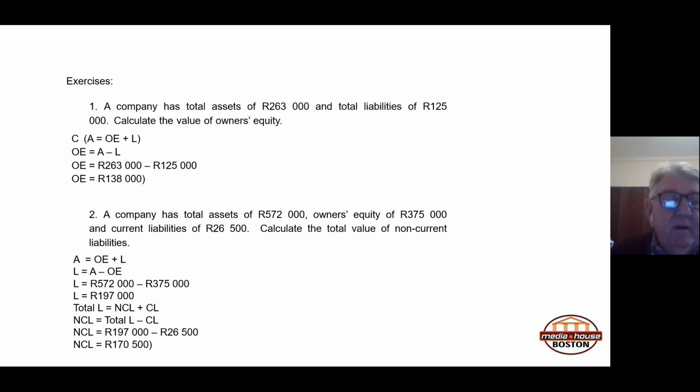Therefore, my non-current liabilities is equal to the total liabilities minus my current liabilities. So we know the liabilities must be equal to 197. There we go, 197. Minus my current liabilities of 26,500. And that leaves me with the balance then of 170,500. That is my non-current liabilities.